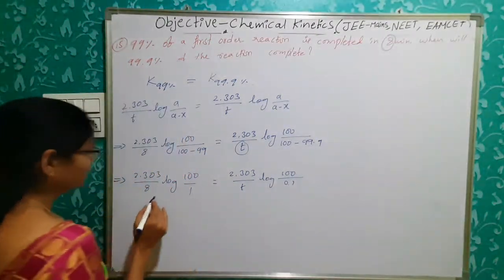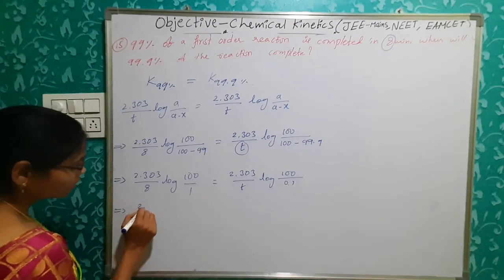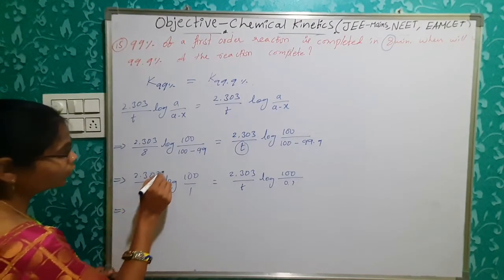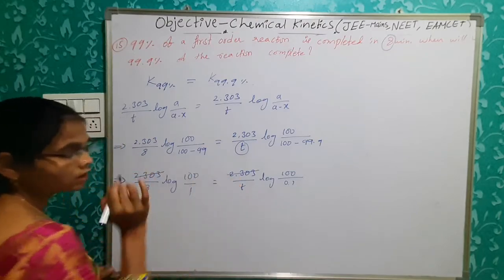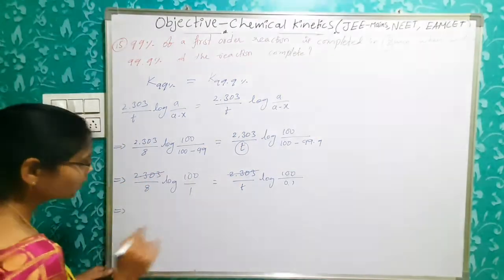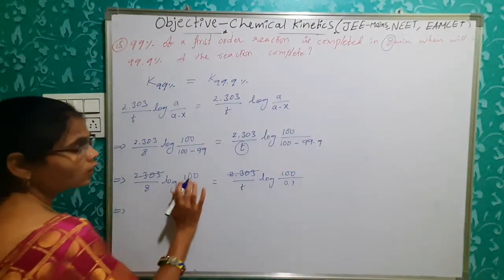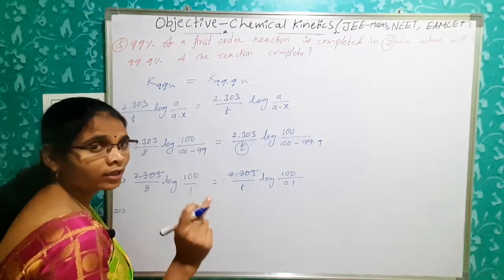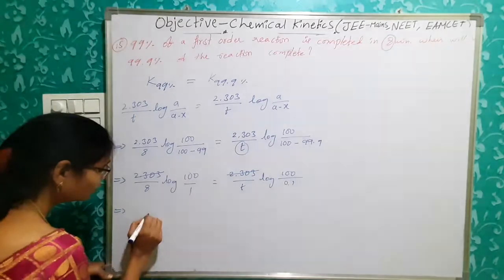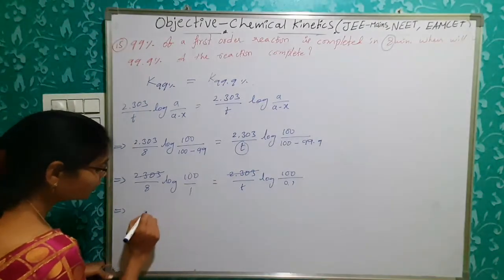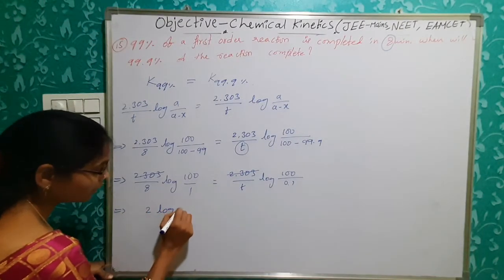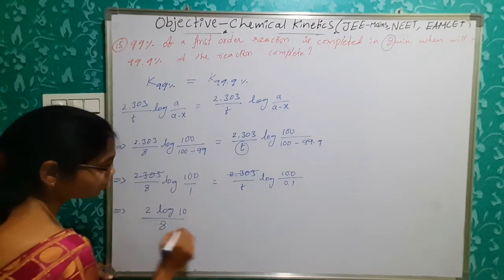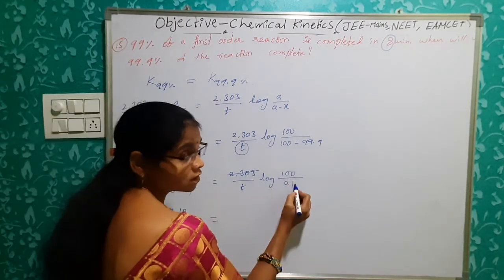Okay. Next, here 2.303 mutually cancels. So log 100 is nothing but 10 square, so 2 log 10 by 8 is equal to this.